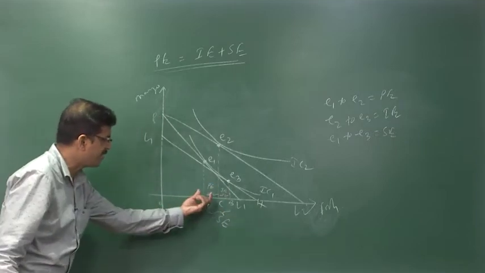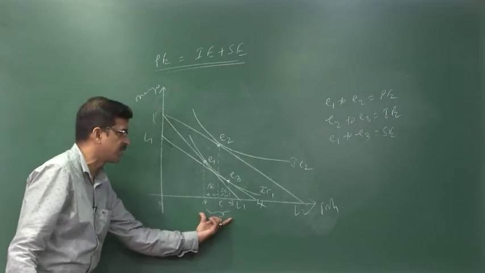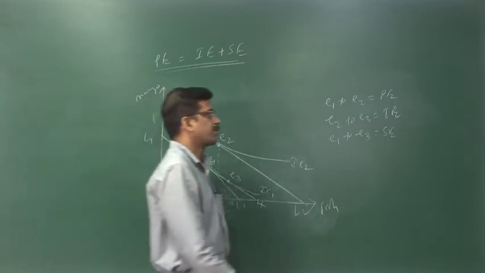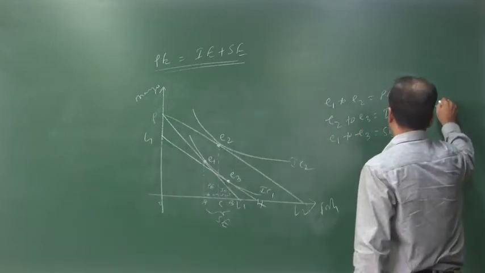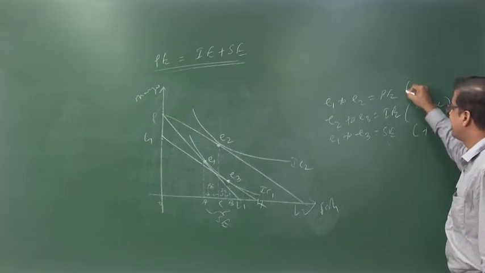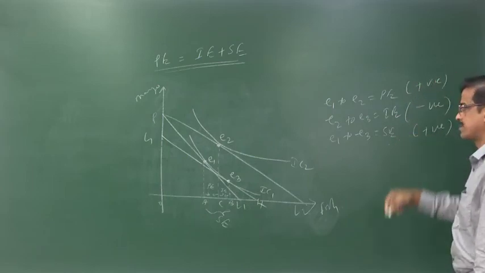Now, the price effect is less than the substitution effect. Why is it so? Because your income effect is negative. Your income effect is negative, the substitution effect is positive, but the net result is a positive price effect.